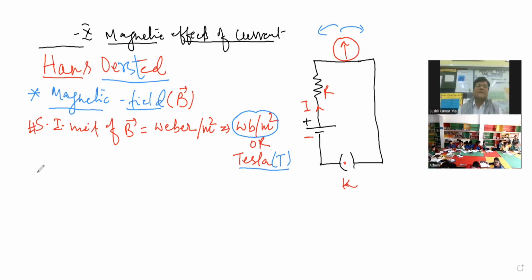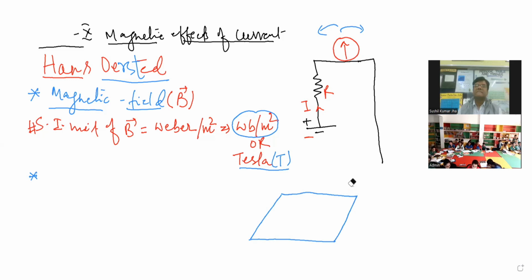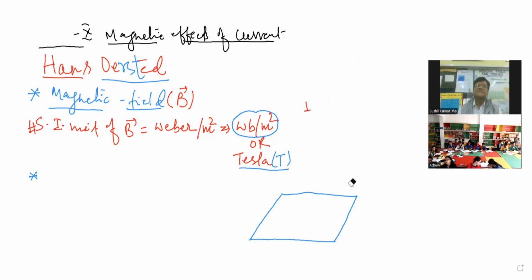Now let's try to understand it with the help of an activity. Let us consider, can you see what I have drawn? This looks like a square, right?